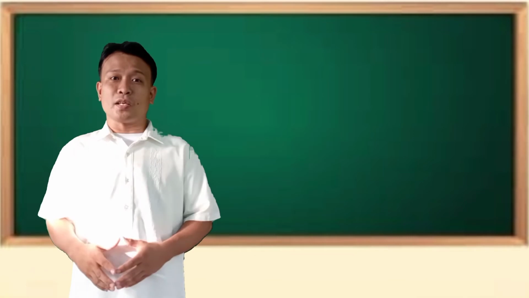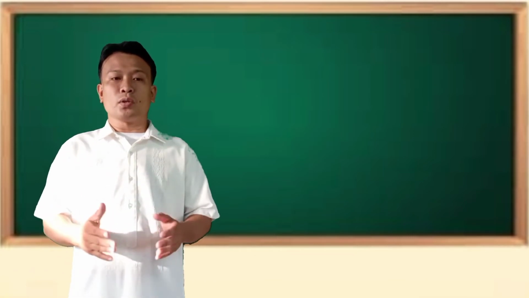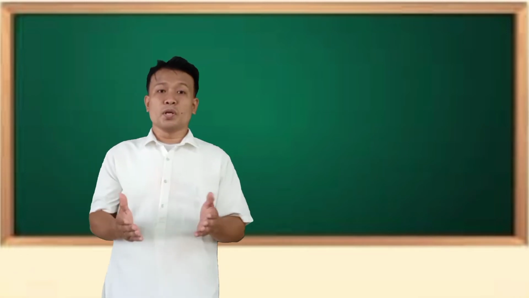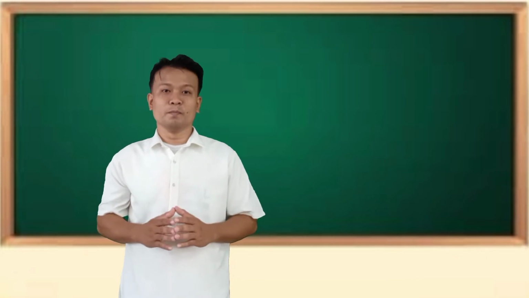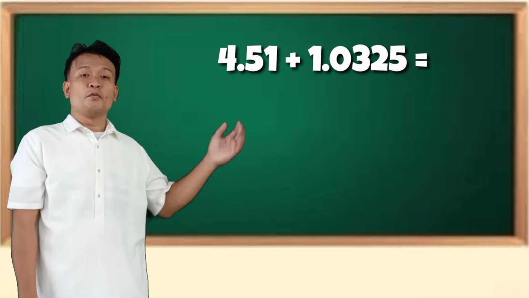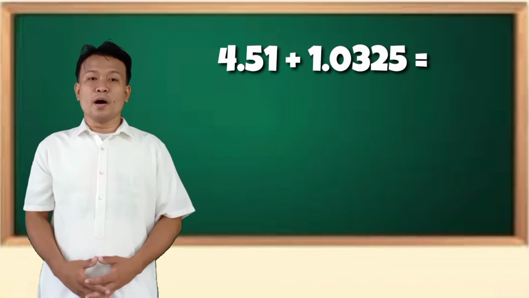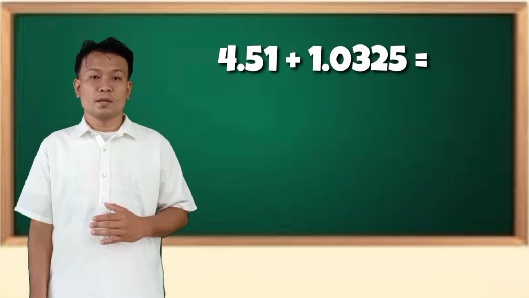In some cases, we place zeros in the decimal value so the digits are of the same length. Putting zeros would mean that the decimal place has no value. Example, 4 and 51 hundredths plus 1 and 325 ten thousandths.